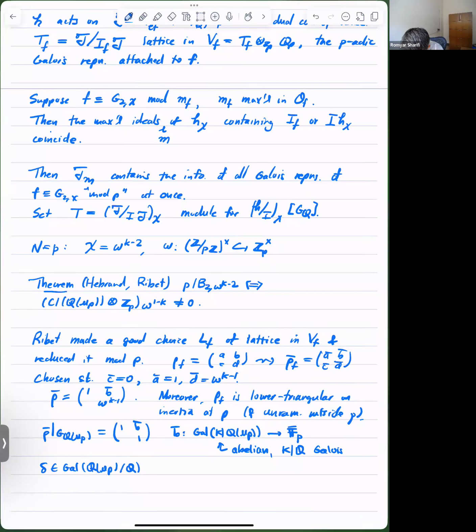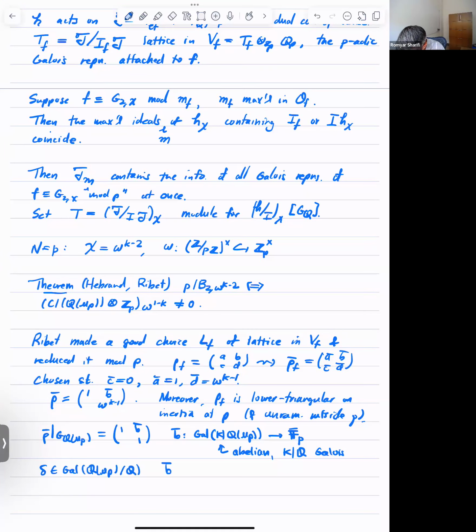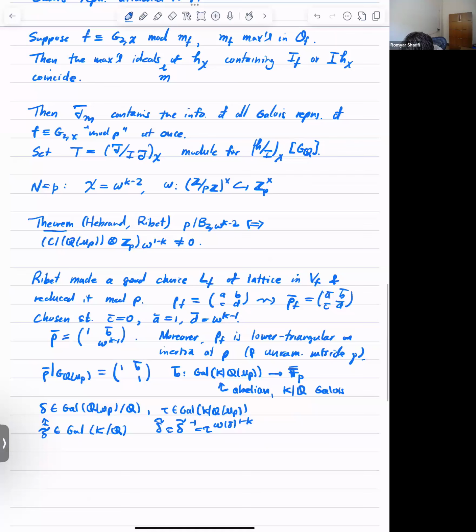So I lift my delta to some element of Gal(K/Q), and the way it acts on tau is it raises it to the omega(delta) to the 1 minus k power. And this is also unramified. Maybe that's the key point: it's unramified because rho f is lower triangular on inertia.